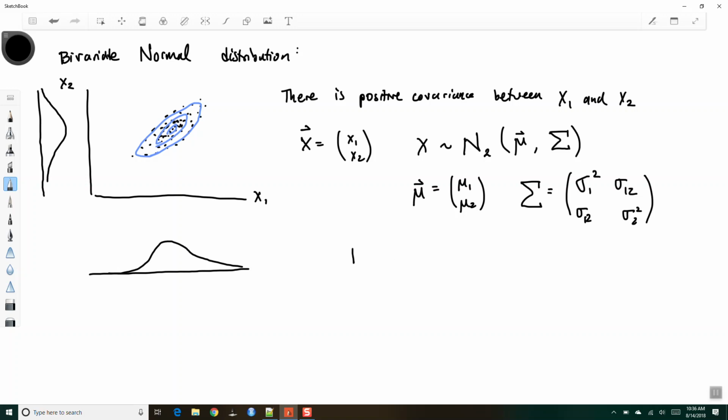And in this case, sigma 1, 2 is positive. This is the definition of the covariance, which is the expected value of the product of x1 minus mu1 and x2 minus mu2.